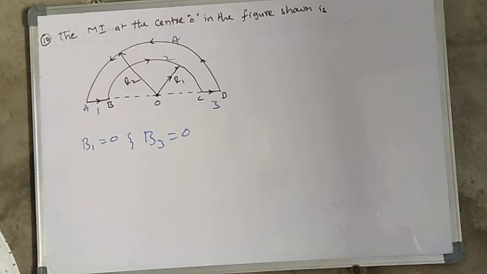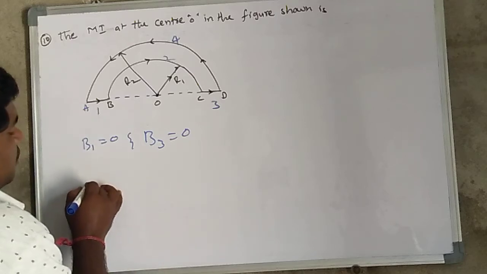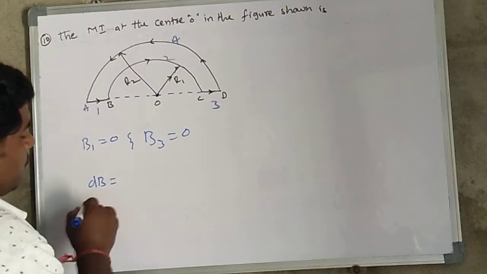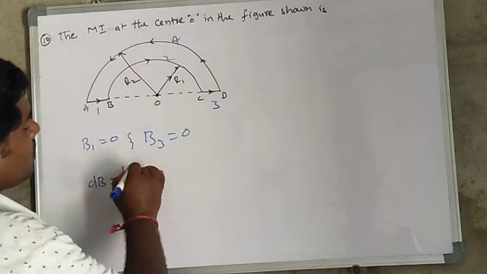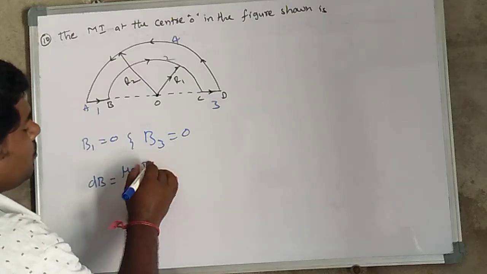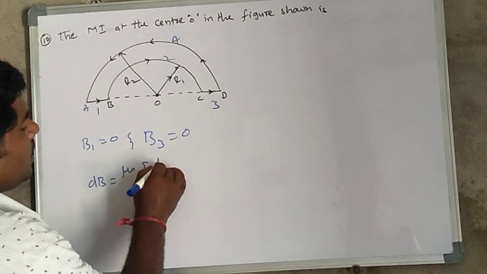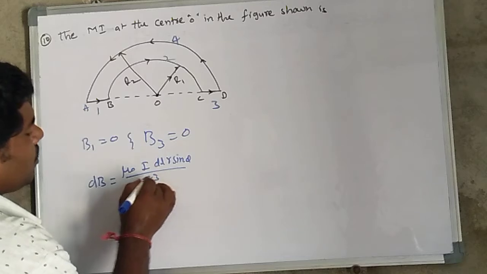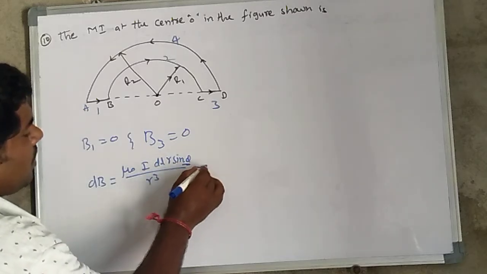In a straight wire, mu naught by 4 pi into, according to the Biot-Savart law, a small elemental wire produces magnetic field dB equal to mu naught into I into dl r sin theta divided by r cube. Here theta is 0, so this value becomes 0.